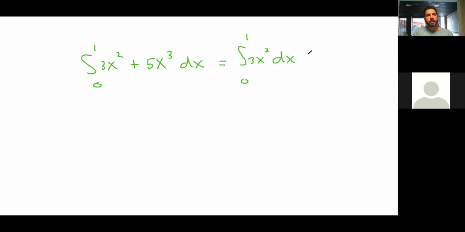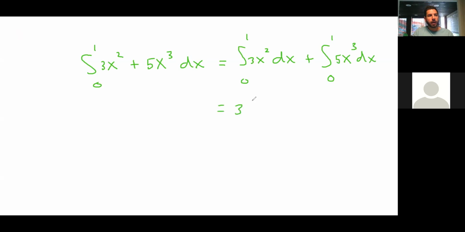For example, if I wanted to integrate 0 to 1 of 3x squared plus 5x cubed dx, I can use those properties that I just stated. So this becomes the same as the integral from 0 to 1 of 3x squared dx. We can break it into 2. Integral 0, 1 of 5x cubed dx.